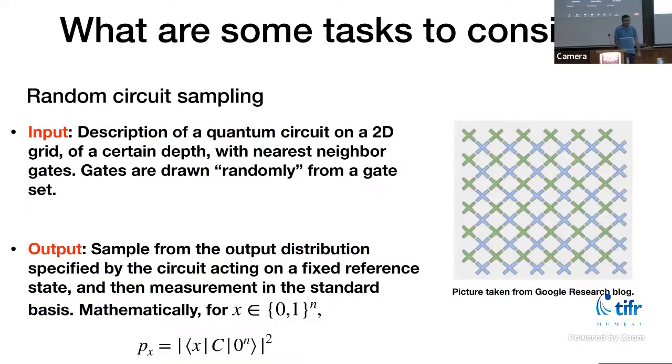You can see that this task is easy for a quantum computer. Why? Given the description of the circuit, you just run the circuit and then measure it. That's what a quantum computer is designed to do, run quantum circuits. So that's what I meant by contrived.